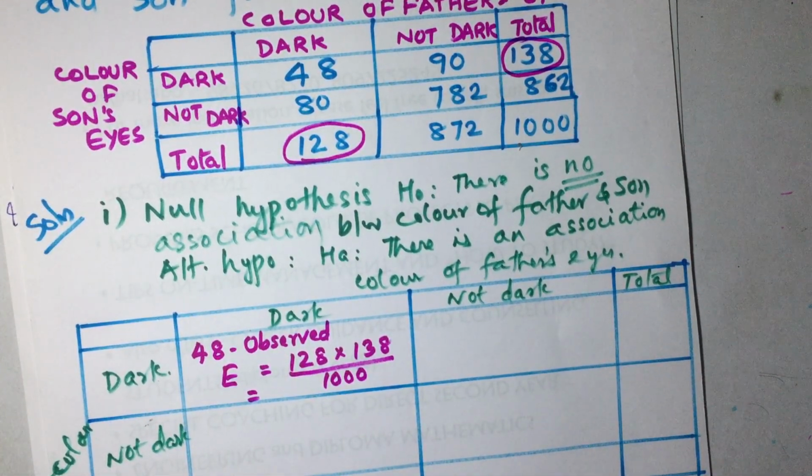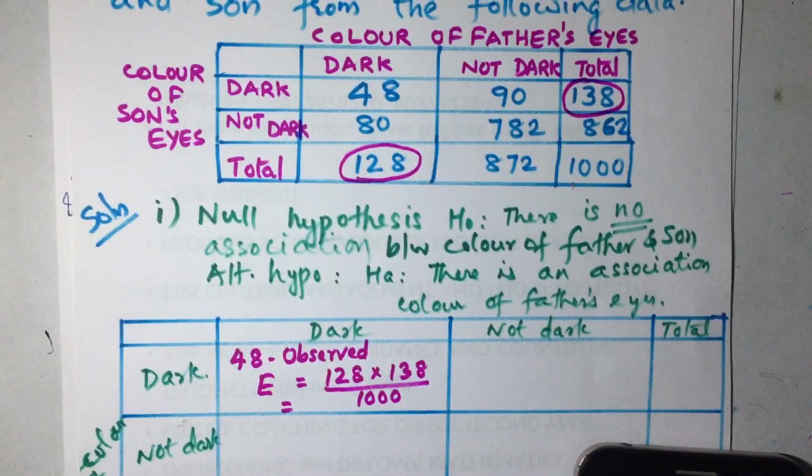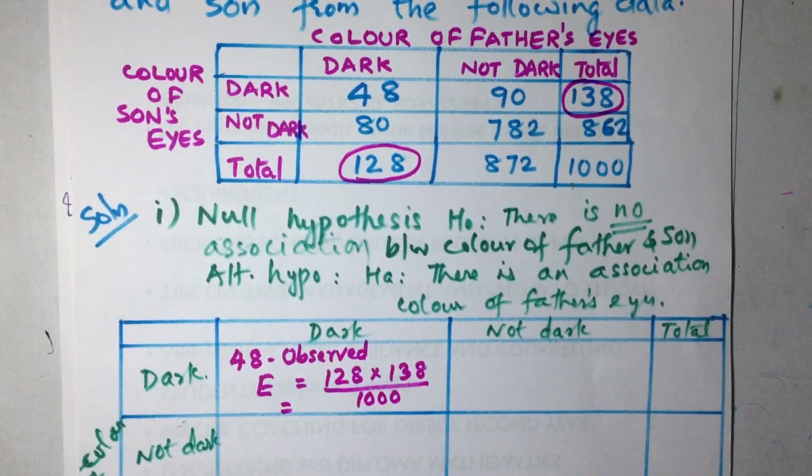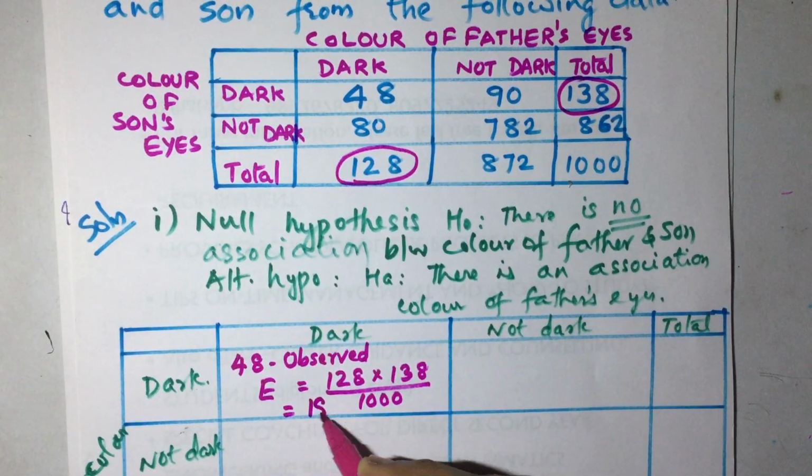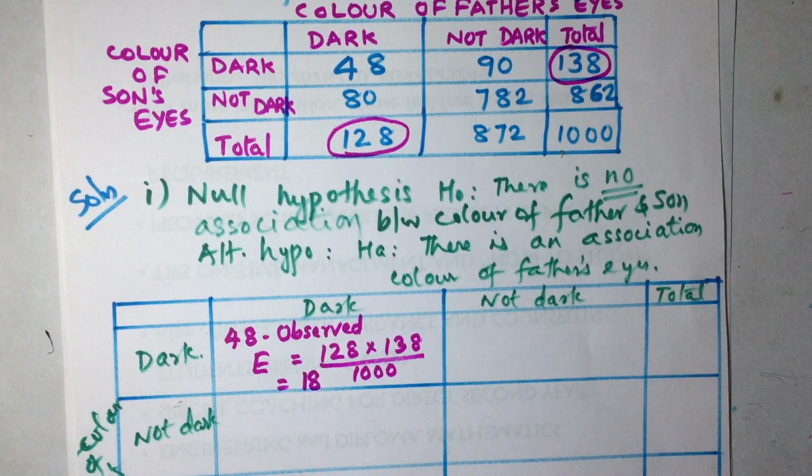On simplification, 128 into 138 divided by 1000, you will get around 17.664. So that is approximately equal to 18, because these are numbers of human beings, so you need to take it as a whole number.